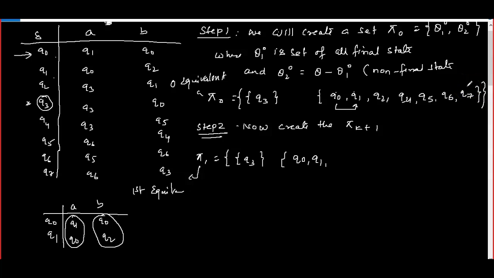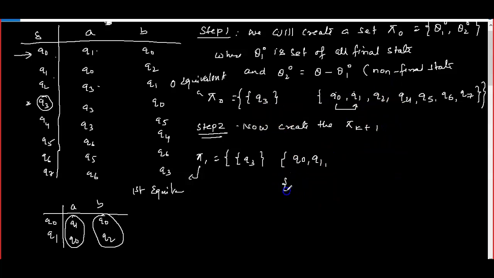Similarly, check Q0 and Q2. Q0 to Q1, what are the values? Q1 and Q3. Do Q1 and Q3 lie on the same set? No. Q1 is lying in this set, Q3 is in another set. Getting it? So Q2 will be separate from Q0.